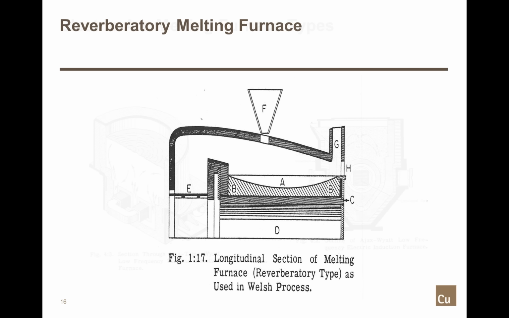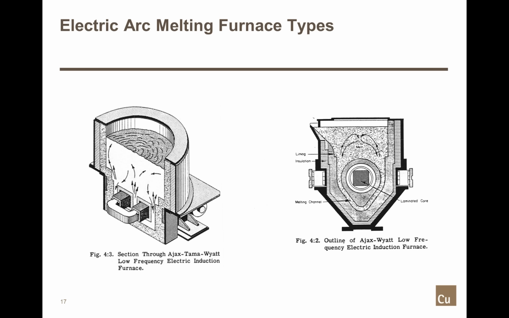Other types of furnaces generally are the electric arc melting furnaces. Here's two different types. There are other types as well. Most of these have a hood that covers them in melting and during part of production. In these, it's a smaller vessel and smaller production lots. You can make brass in this and change the edge.